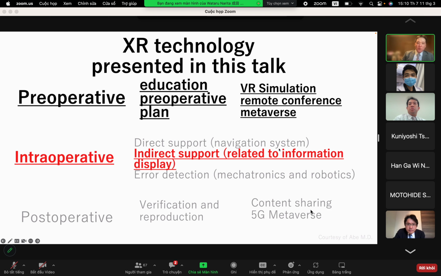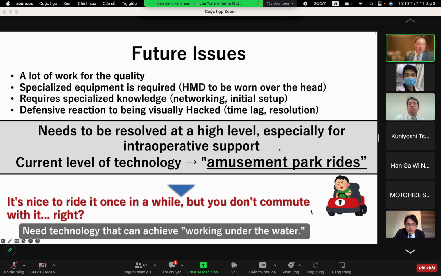And so, future issues: how the future of XR technology will go, but we can see a lot of problems here. These issues need to be resolved at a high level, especially intraoperative support. The current level of technology is like amusement park rides.